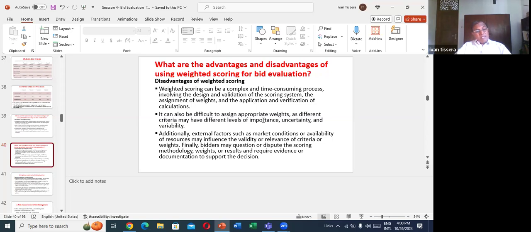On what basis do we say we give 50 marks for price and 30 marks for quality and things like that? As I mentioned earlier, this is the same thing in the merit point system also. We give some subjective judgment, right? Different documents, different evaluators, a committee can decide different weightages.